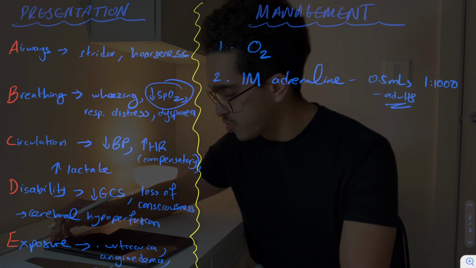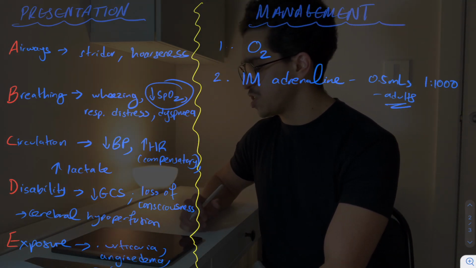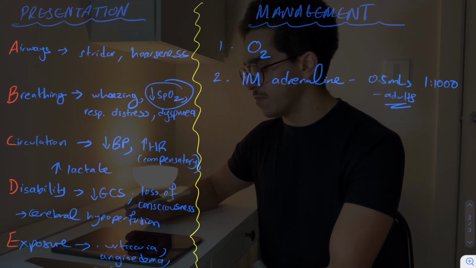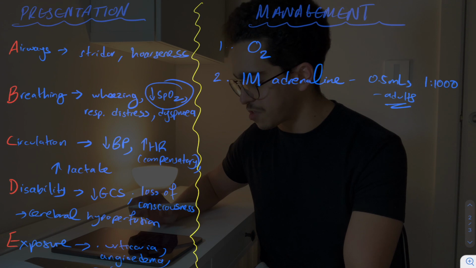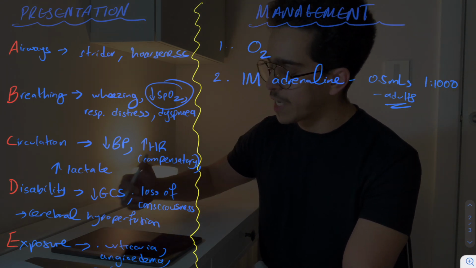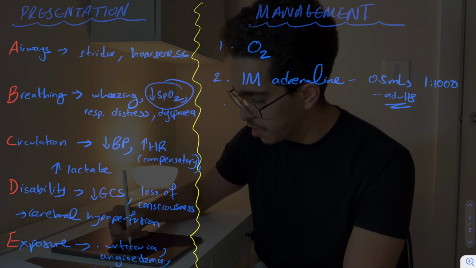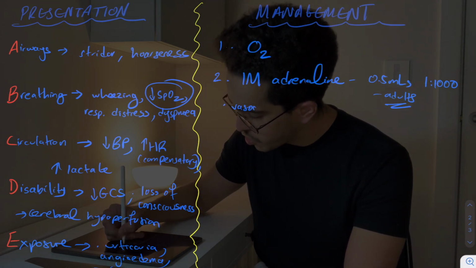Okay, why do we give them adrenaline? First, let's see what adrenaline does. What will it do to the blood vessels? It's going to act on the blood vessels and cause vasoconstriction. How?